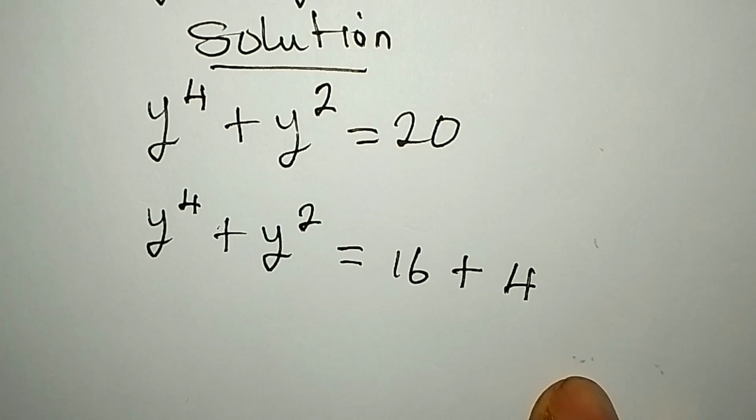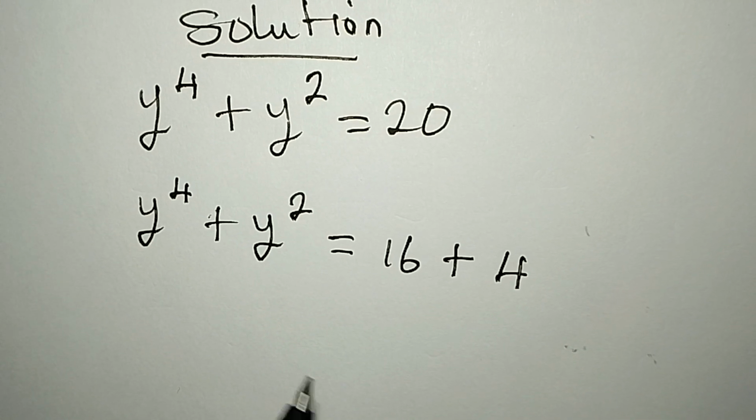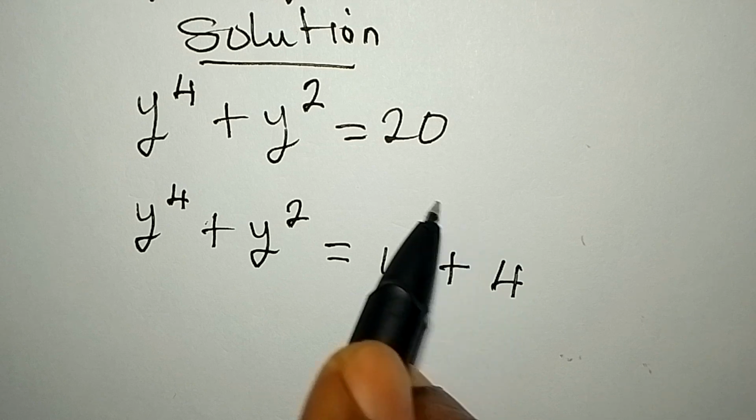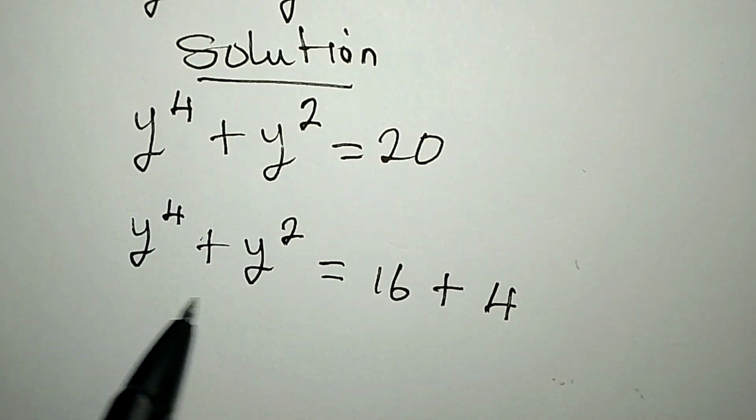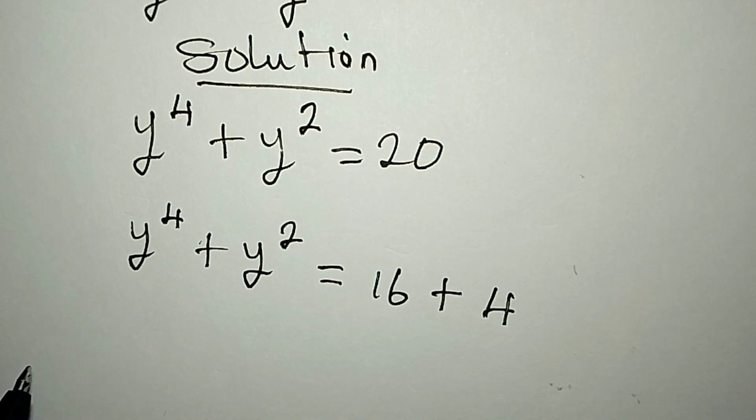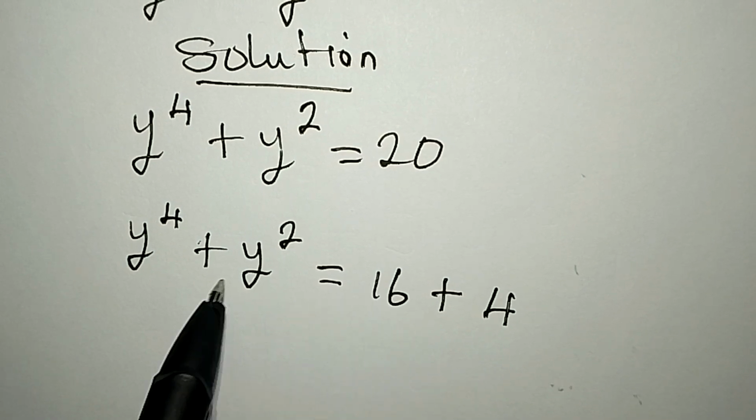But you have to remember that it is not every time that you can express what you have on the right hand side in the form of what you have on the left hand side. But this is going to work.